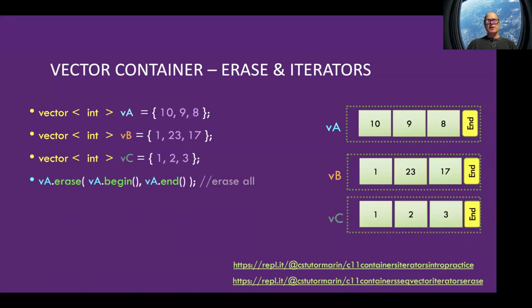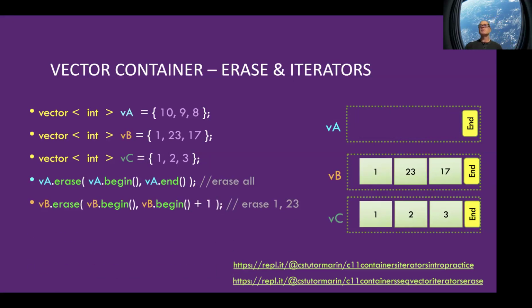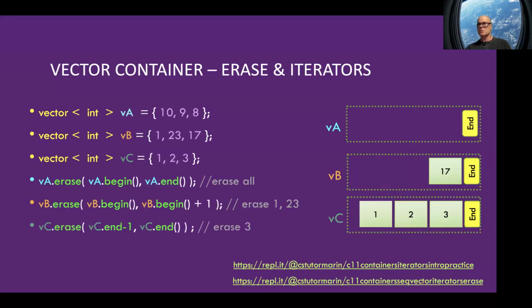But when we say something like erase relative to the begin, that's a very constant thing that we can always assume is going to be consistent, right? Can erase from the beginning up until the end, or the beginning plus 1, right? So start at the beginning, go plus 1. So that way we don't have to worry about something maybe changing in the middle. And when you start using erase in the middle, then things start getting pretty crazy. So yes.